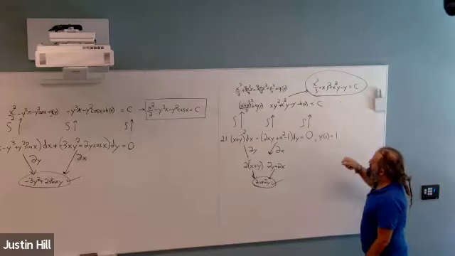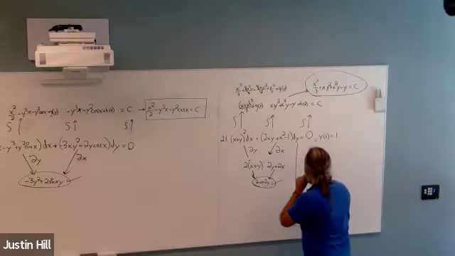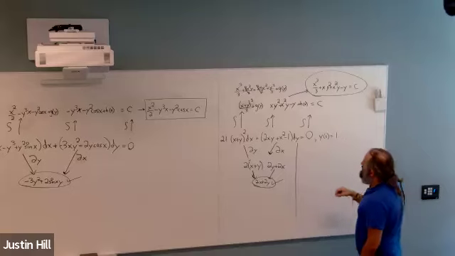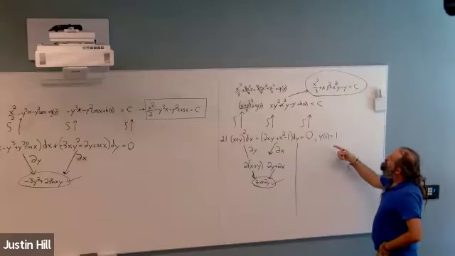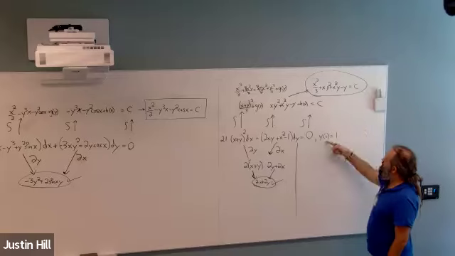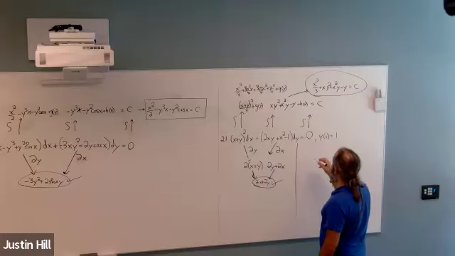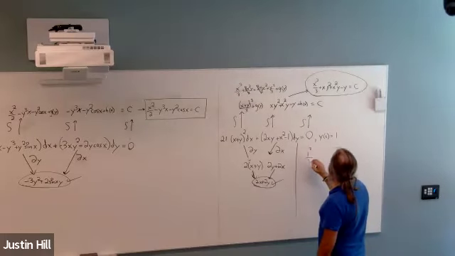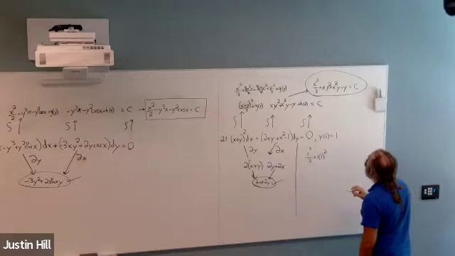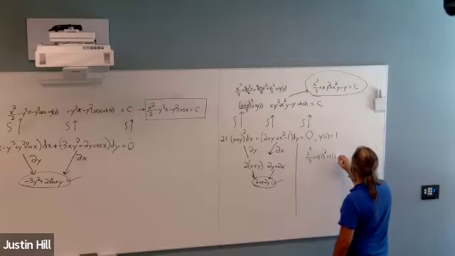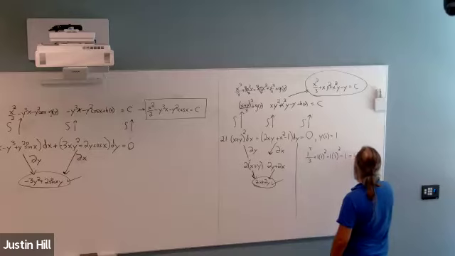And now I can take all that, and this is my general solution. I'm going to plug in my information to get my specific, or exact, solution. So plugging this in, we have 1 for x and 1 for y. So we have 1 cubed over 3 plus 1 times 1 squared plus 1 times 1 squared minus 1 equals c.